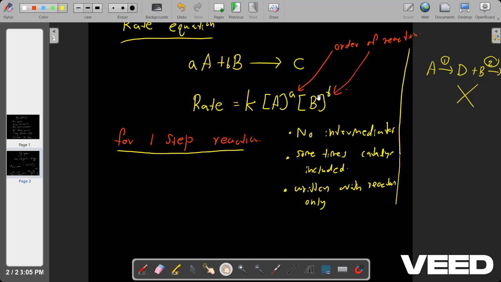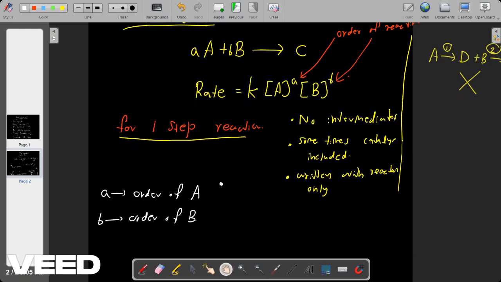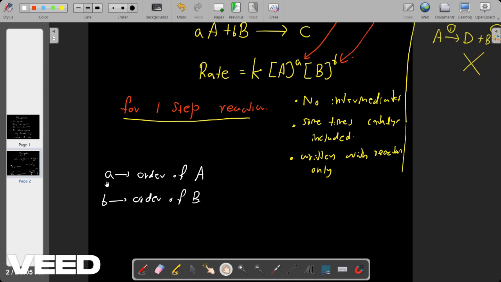Now, what is the total order here? a is the order of reactant A. b is the order of reactant B. Now remember, order can be any value.